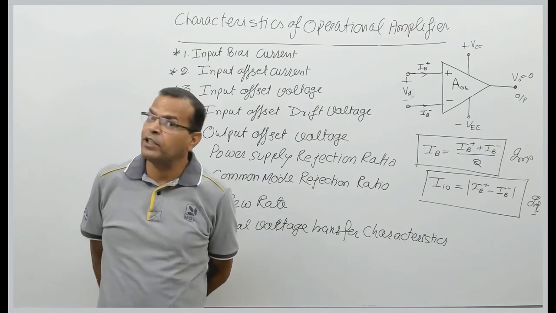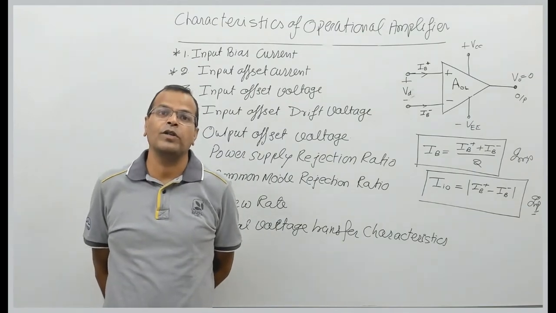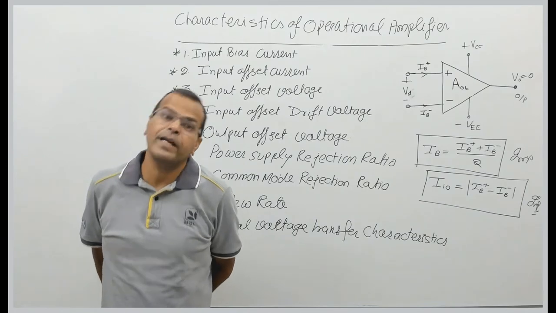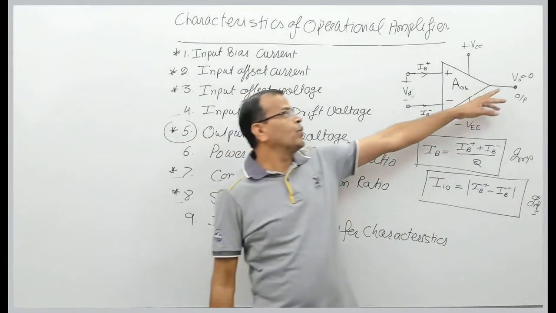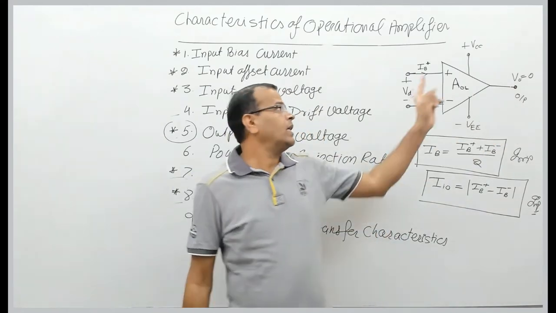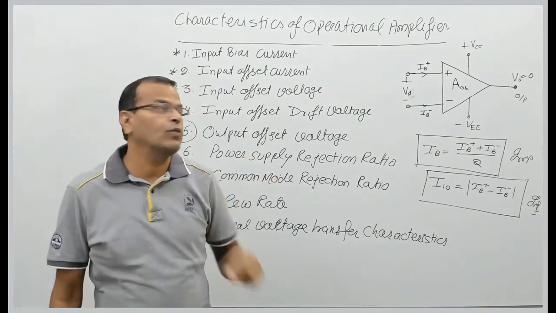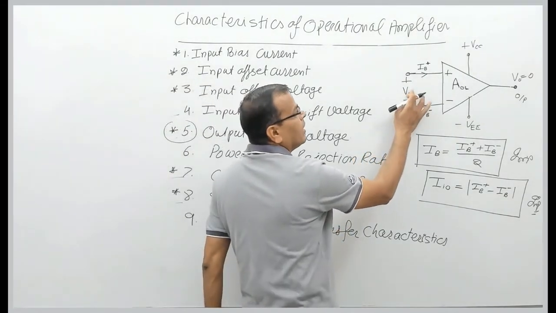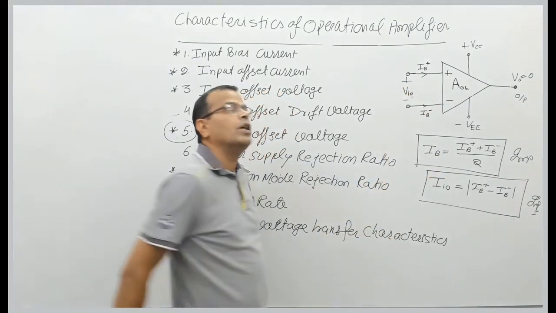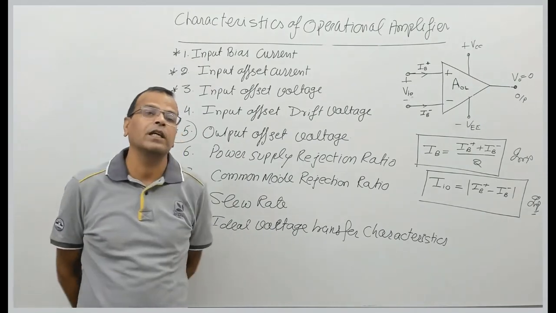We have seen that when there is no input applied, we have some output voltage, called output offset voltage. The minimum differential voltage applied at the input terminals of the op-amp to reduce the output offset voltage to zero is called input offset voltage, and rather than writing VD, I will write VIO. I hope the concept is clear.